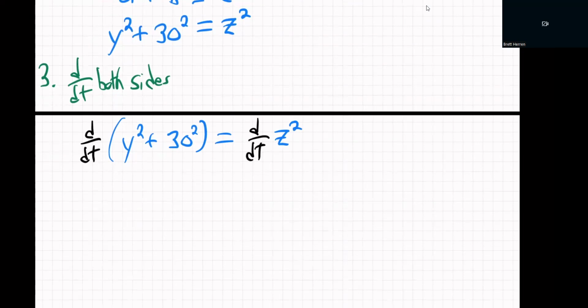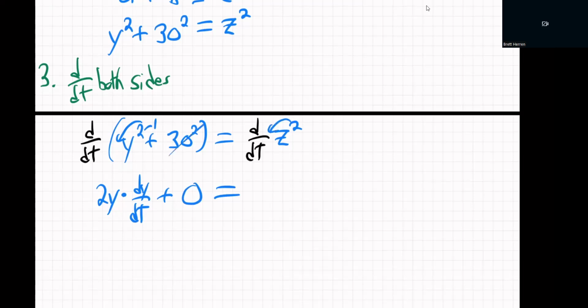All right, let's take some derivatives. Bring that 2 down, y, lower the power by 1, times dy/dt. Remember the chain rule. Chain rule says bring down the power, lower by 1, and then the derivative of the inside function, dy/dt. Plus, same thing here, bring down the 2, no, that's just a number, 0. All right, derivative of numbers is 0.